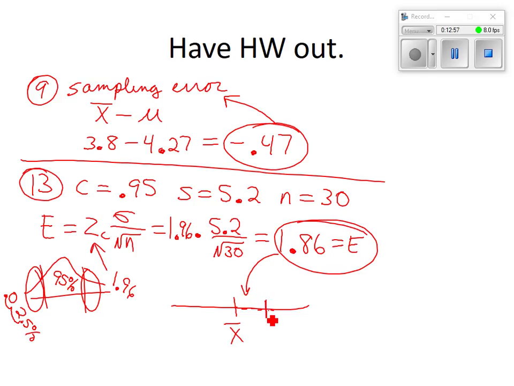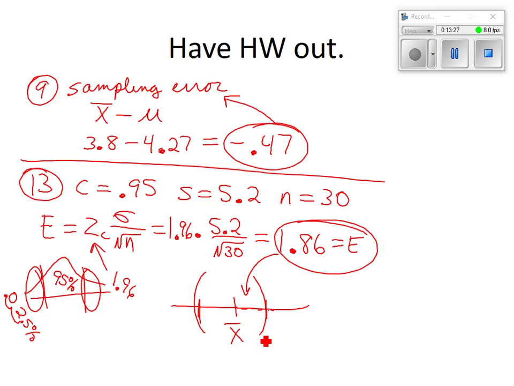How far down are we going to go? 1.86. And in that interval, we're 95% confident that no matter what sample we pick, the mean is going to fall in that range. We're 95% confident that it's going to fall in there.